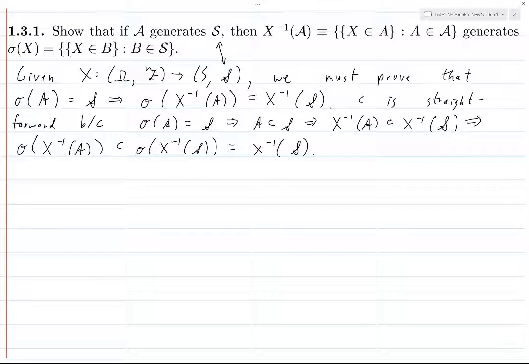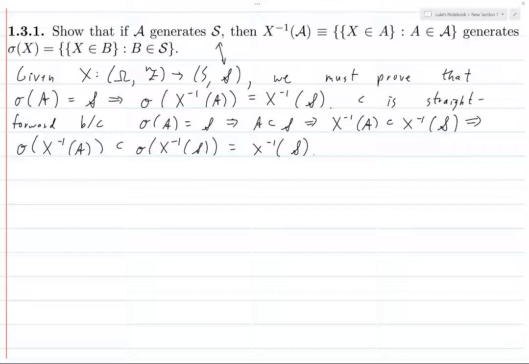So the intersection of all such sigma algebras is just going to be C itself. And so if you take sigma of a sigma algebra, you just end up back with itself. I guess in that sense it is sort of like a projection operator, because if you take the sigma algebra of something, you get a sigma algebra, then if you take it again, you're just back where you started. Anyways, okay, so this completes one inclusion.